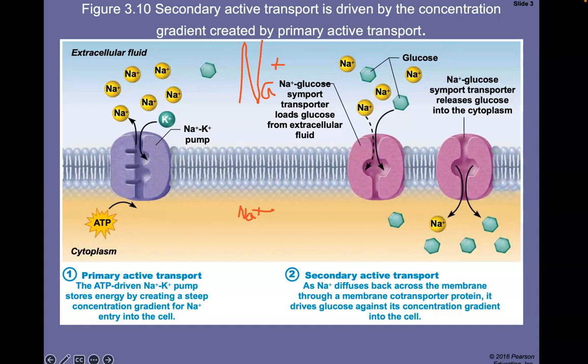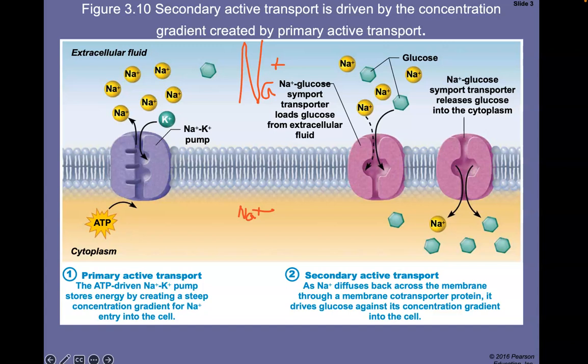So it's going to bind to sodium, okay? And sodium, again, is just diffusing down its concentration gradient, but it can also bind a glucose molecule as well. And so as sodium is diffusing across the membrane through this transporter, it's going to bring a glucose with it. Okay, and that's what we call secondary active transport.